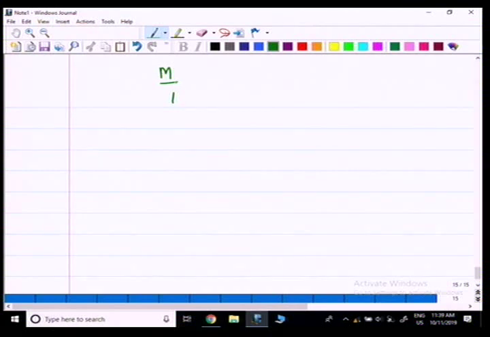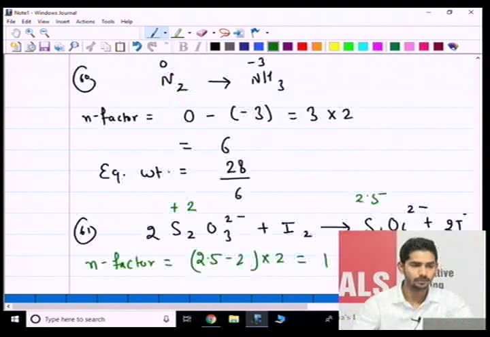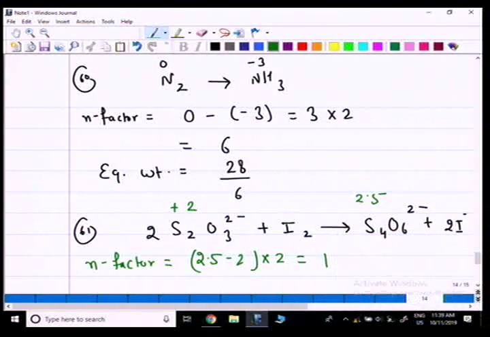61. Okay. Number 65. Please copy the student who has got doubt in question number 61, then 65. Copied?